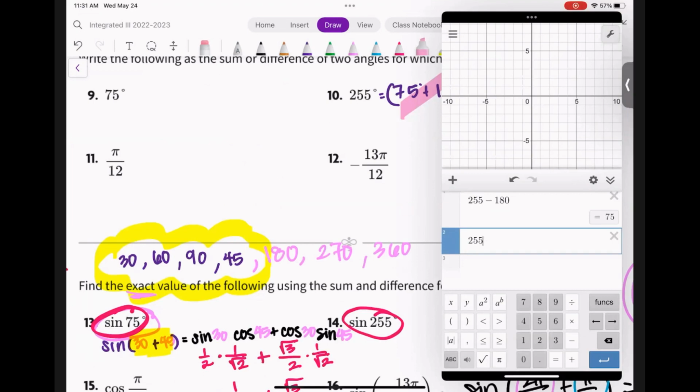So earlier when I was doing this with one of your classmates, I subtracted off 60. And I was like, 195, well, that doesn't help me. So I subtracted 60 again. And I'm like, ooh, 135 does help me. Because 135, I don't know if you guys know this, is 45 times 3.